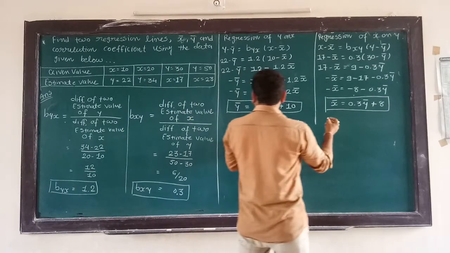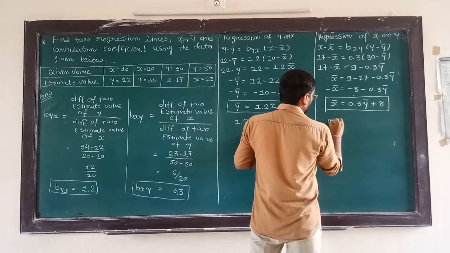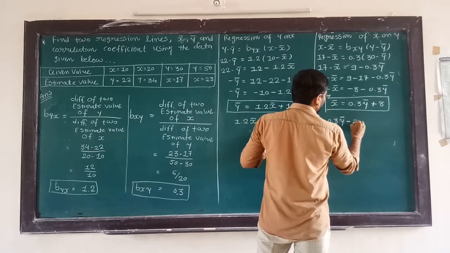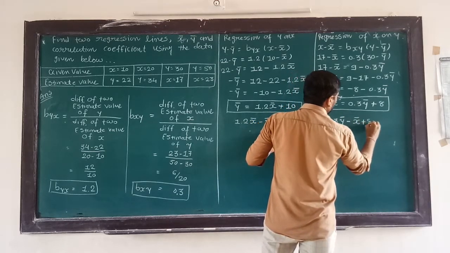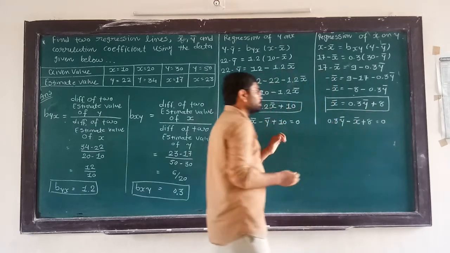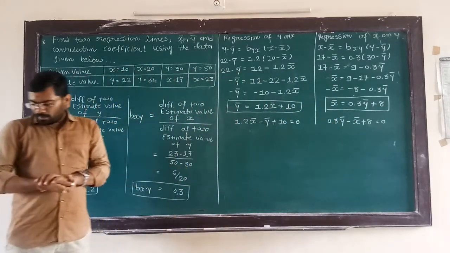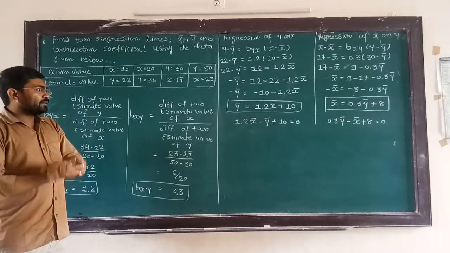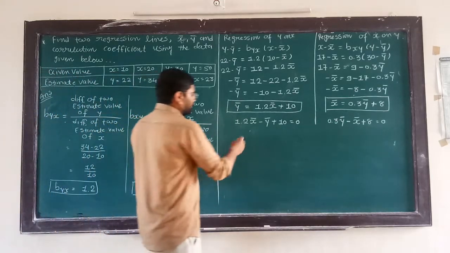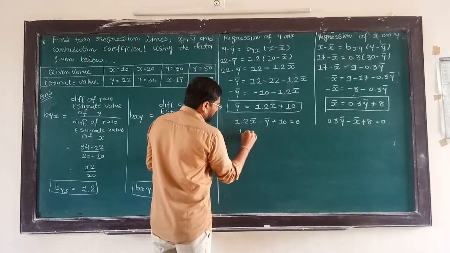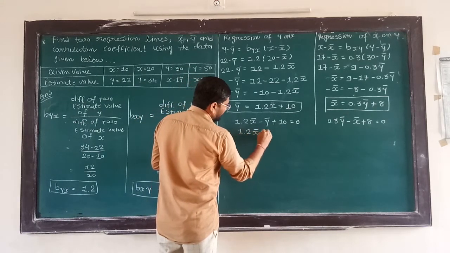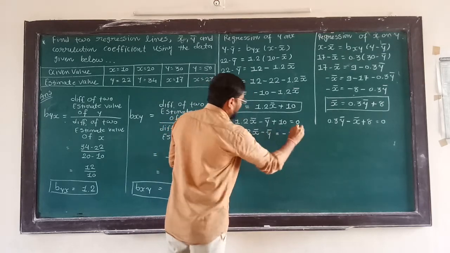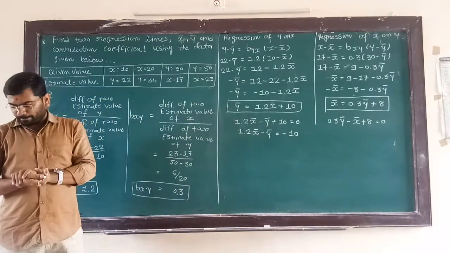Same as 0.3 y bar minus x bar plus 8 is equal to 0. But it is not the proper way. Then 1.2 x bar minus y bar is equal to minus 10. It is our proper mode.